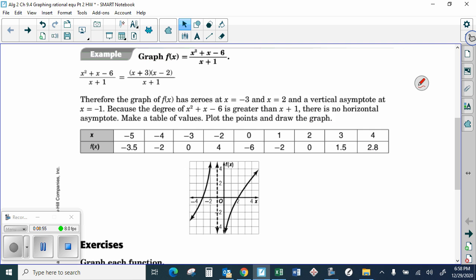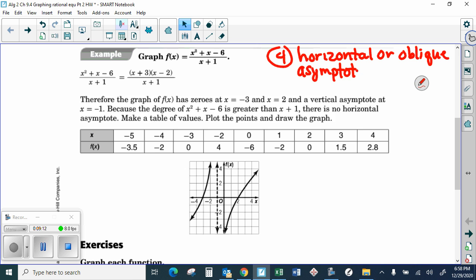Step 4 now: horizontal or oblique asymptote. And just so you know, some will say oblique asymptote, some call them slant asymptotes. It depends on the book. So slant asymptote and oblique asymptote are the same thing.